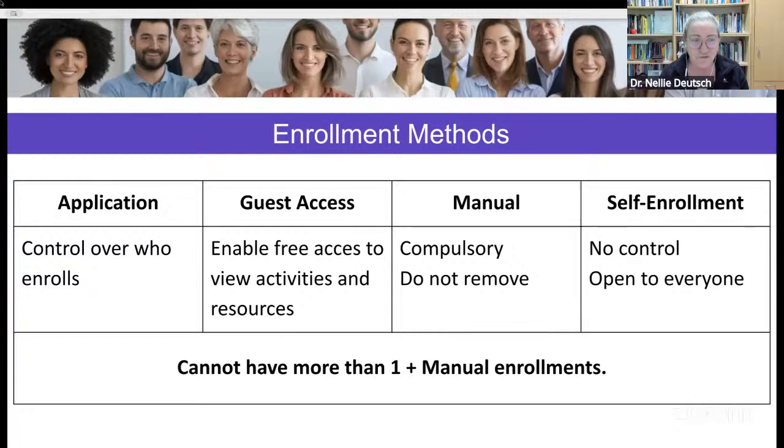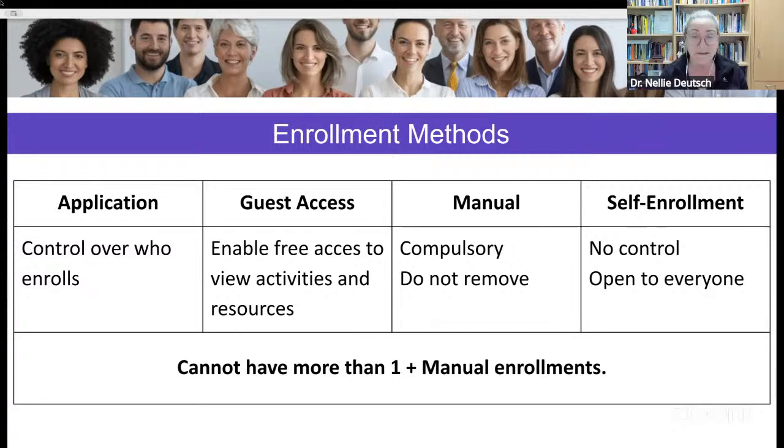Application control over who enrolls. And this is important. I think we want to know who the participants are. So we ask them a question, just like you had to answer questions, because this course, AI generated Moodle courses, had the application. You probably don't remember, so I'll remind you. Guest access, anyone can, but the admin has to set it at the admin level, at the system.